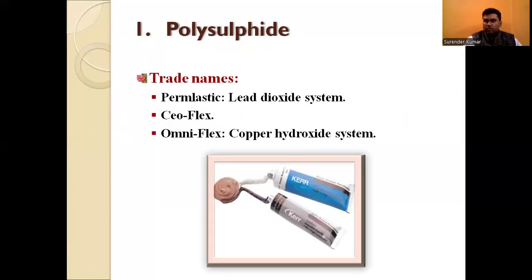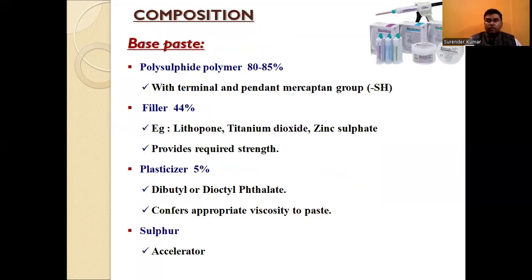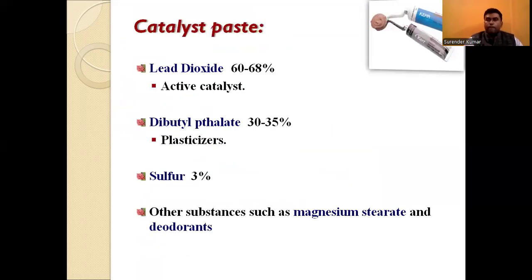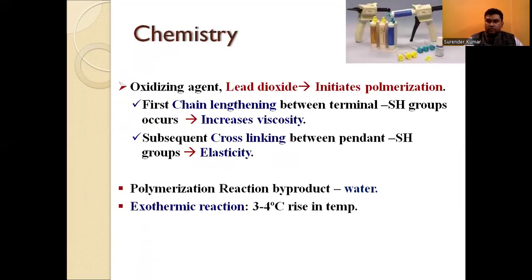Chemistry and composition. Polysulfides: the trade names are Permlastic, lead dioxide system, Soflex, Omniflex. Composition: the base paste consists of polysulfide polymers 80 to 85%, fillers 44%, plasticizers, sulfur. Catalyst paste: lead dioxide, dibutyl phthalate, sulfur.